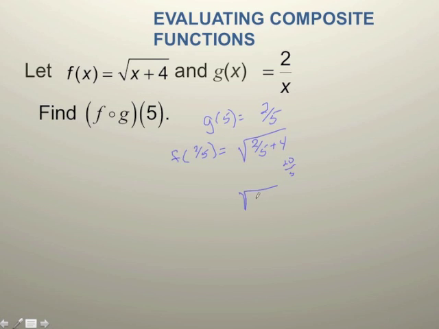So I'll have the square root of 22/5. And we'll want to rationalize that denominator, so we'll multiply by the square root of 5 over the square root of 5. Well, the square root of 110 over 5 will be my f of g of 5.